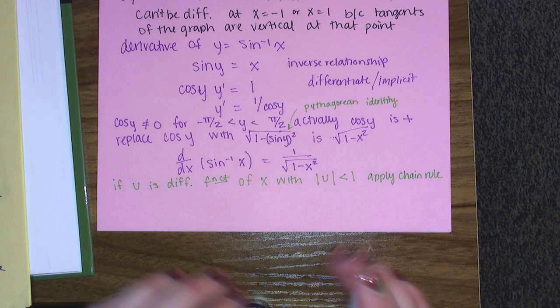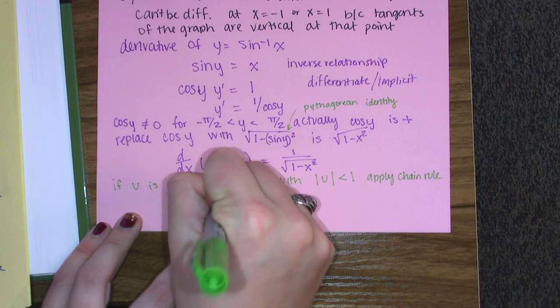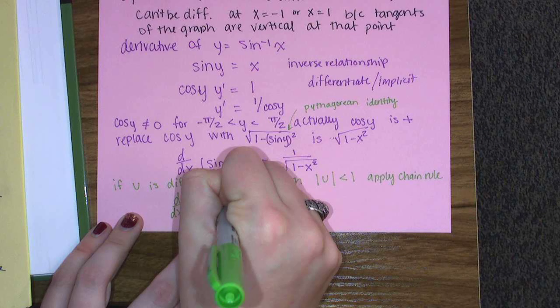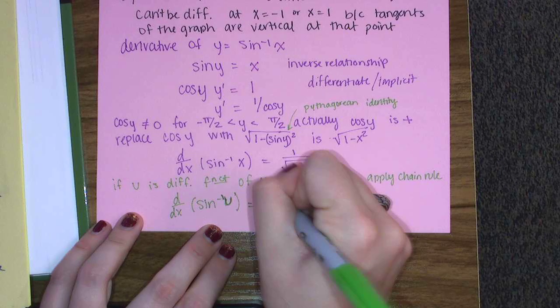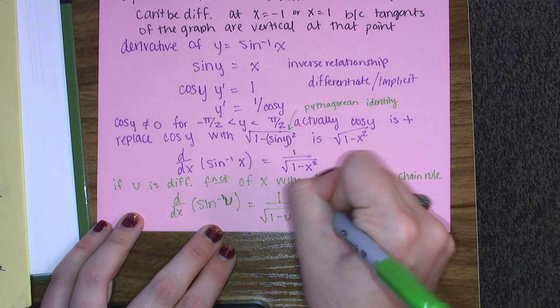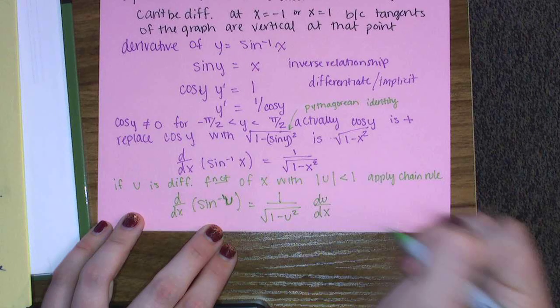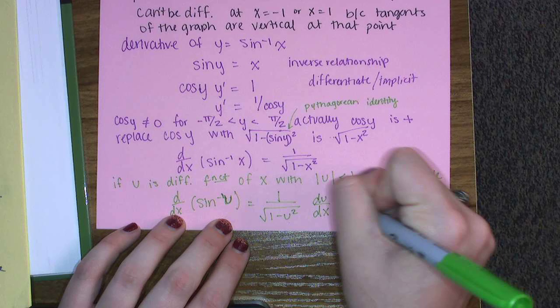Which basically just means that if I have d dx of the arc sine of u, we get 1 over the square root of 1 minus u squared times du dx, which is the derivative of the u equation, for the absolute value of u being less than 1.